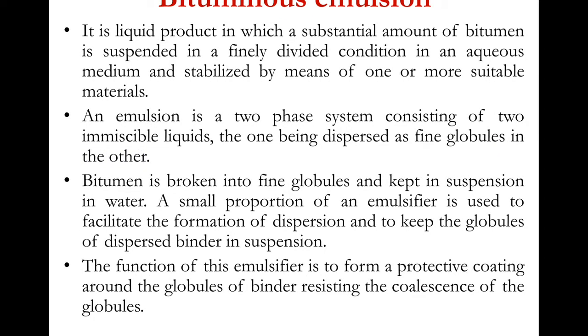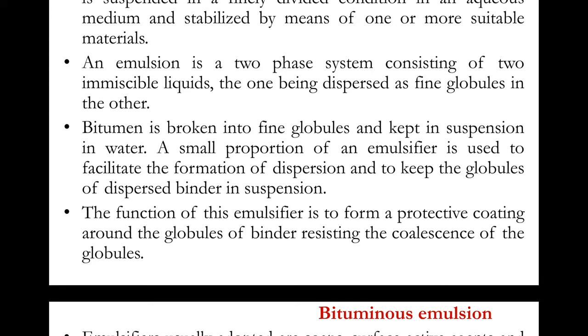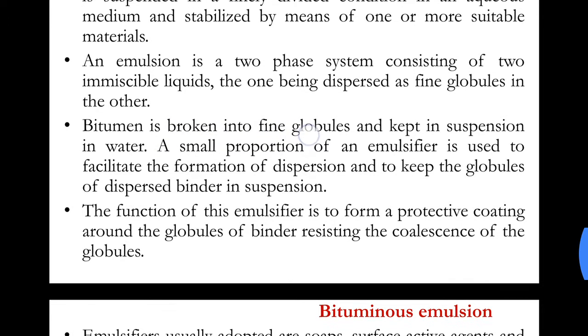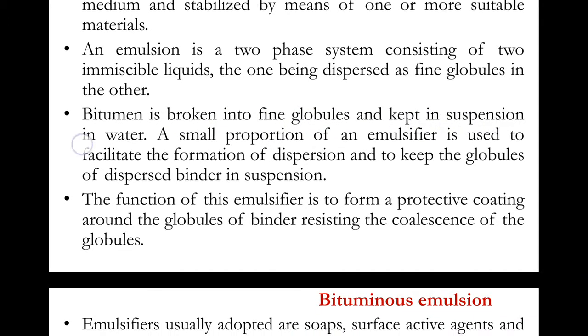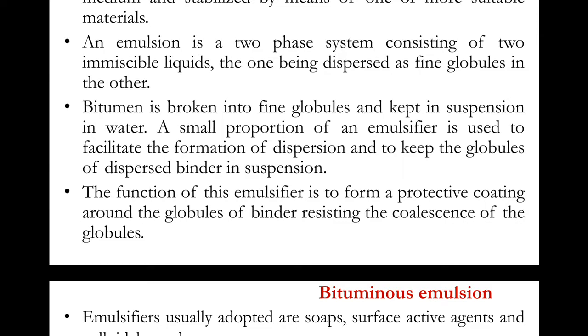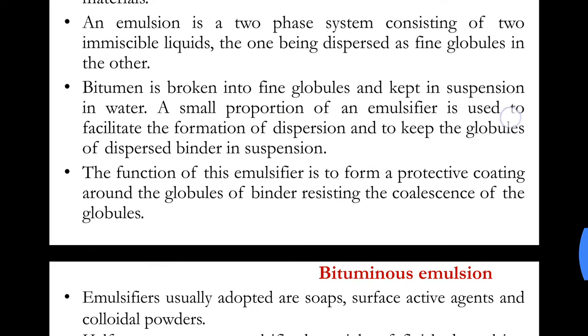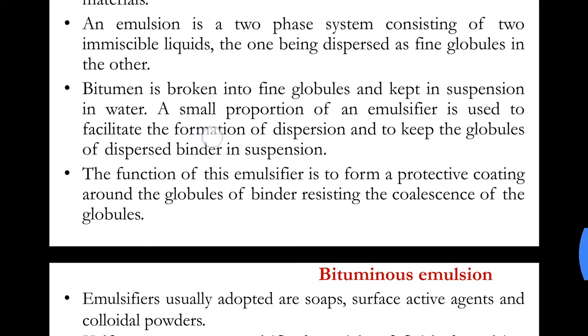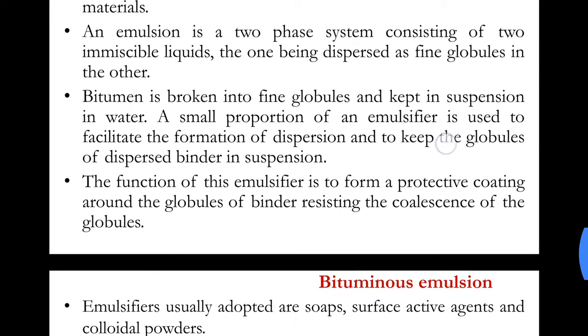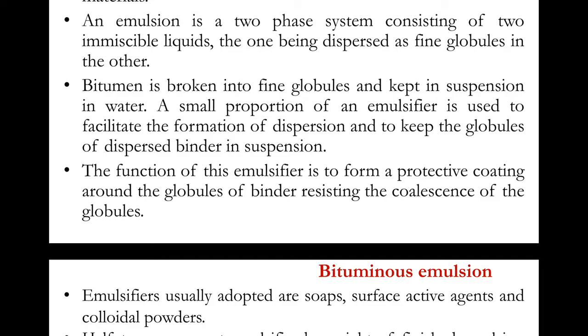We can either add bitumen into water or we can add water into bitumen. Bitumen is broken into fine globules and kept in suspension in water. A small proportion of an emulsifier is used to facilitate the formation of dispersion and to keep the globules of a dispersed binder in suspension.